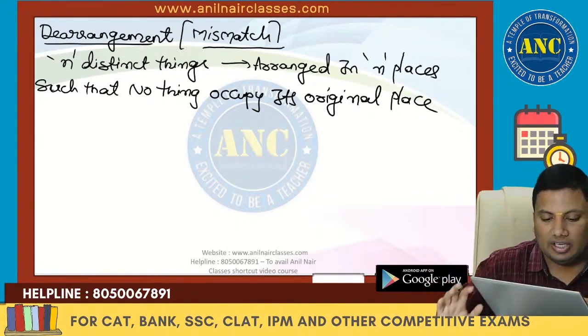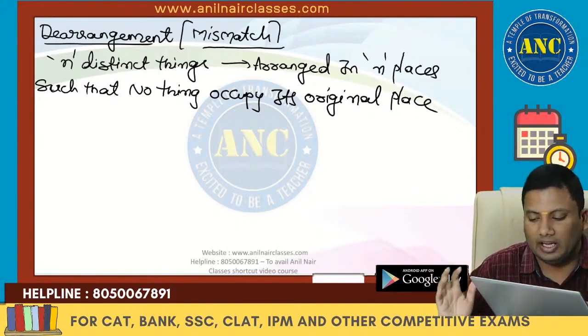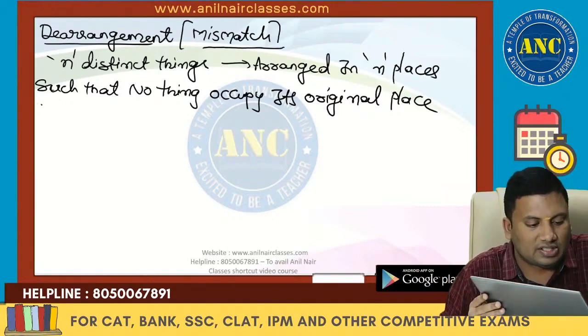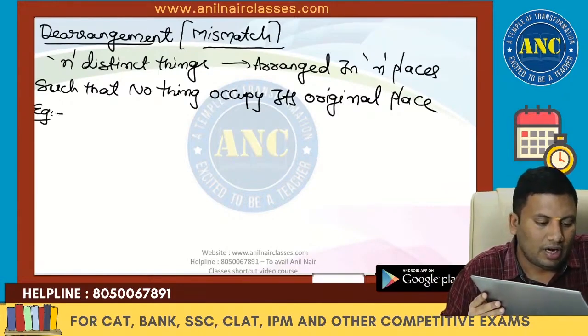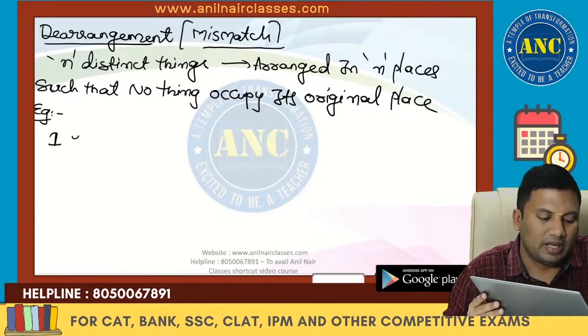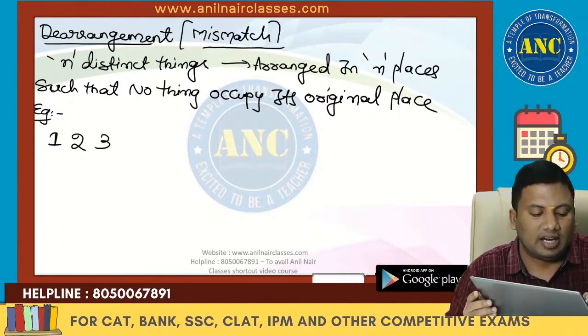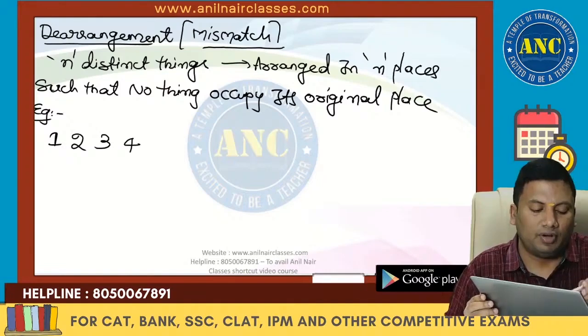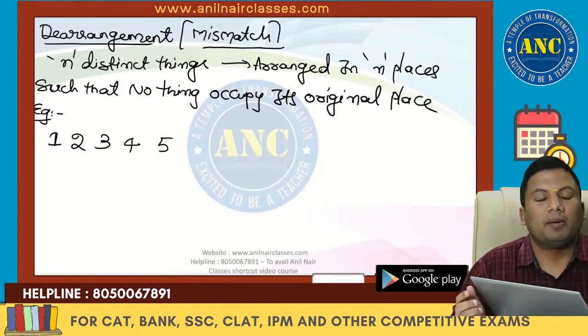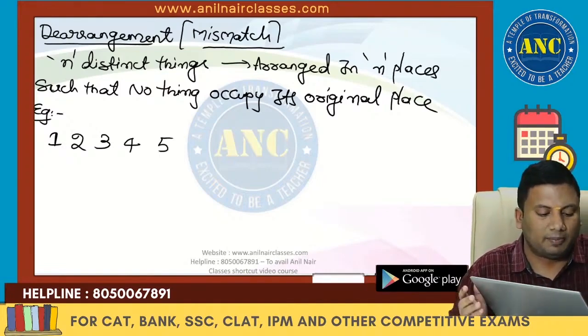There are n distinct things, they have to be arranged in n places. For example, number 1 is arranged in first place, number 2 in second place, number 3 in third place, number 4 in fourth place, number 5 in fifth place.